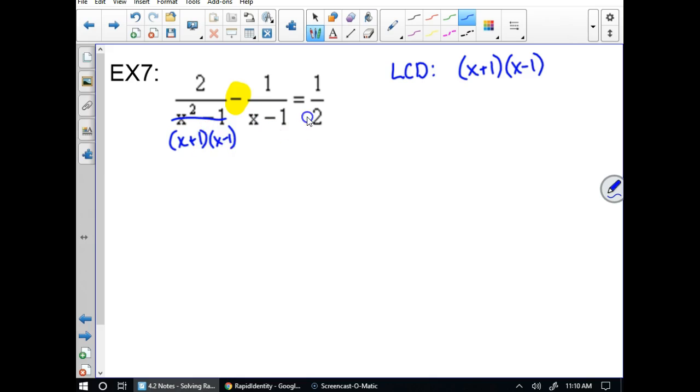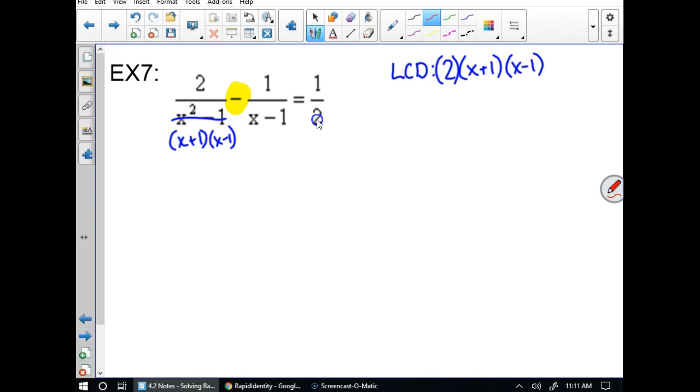This one already has x minus 1. I've got this 2 right here. So that 2 is going to have to be part of my least common denominator. Okay, any questions so far?